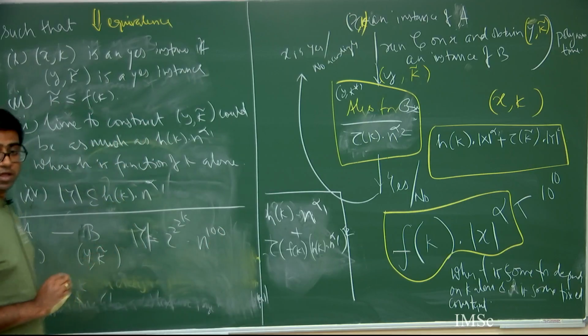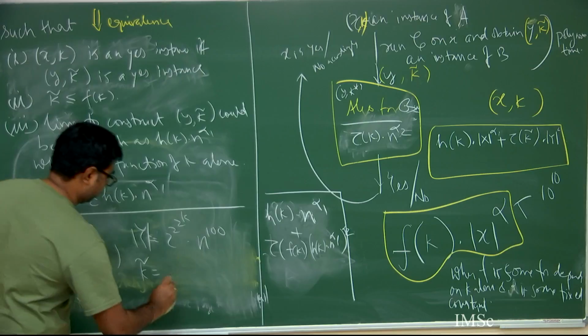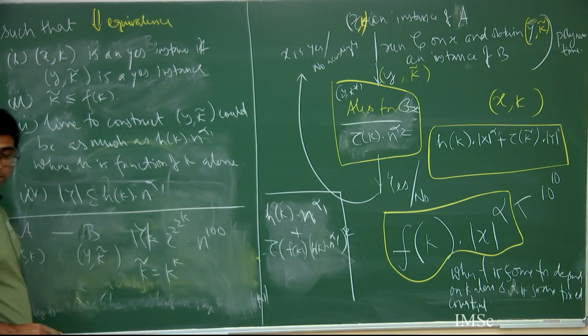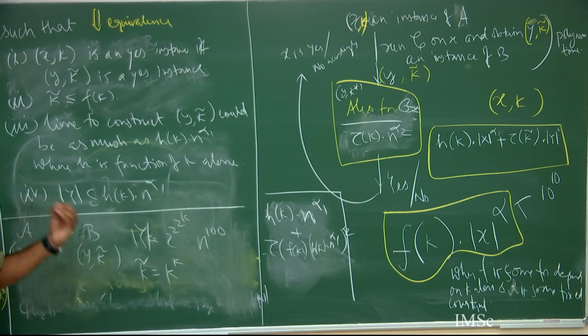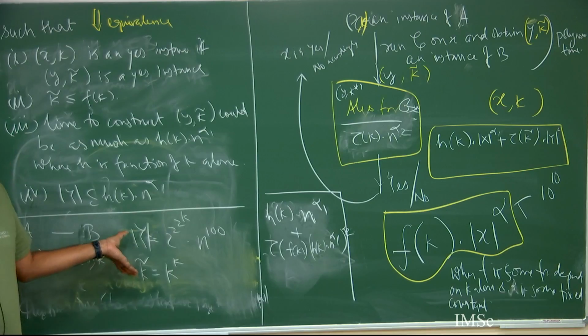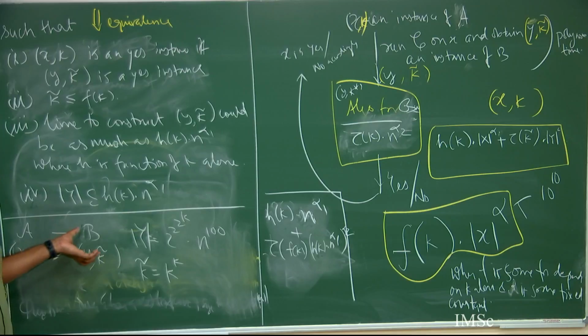This is what y is, but k tilde is, say, some k to the power k, for example, right? Now what do I want to say? That look, even with this set of parameters, I should be able to design an algorithm for A using an algorithm for B.